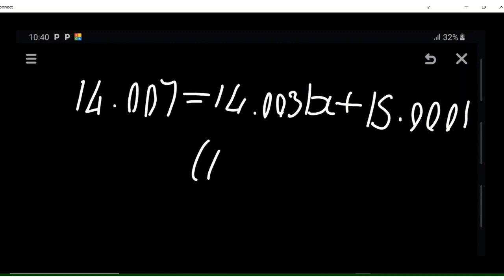Let me avoid using 100 and use decimals, since I want small numbers. If you don't want to use 100, you can use 1, so the percent values will be in decimal points. So I'll say 1 minus x, close bracket.